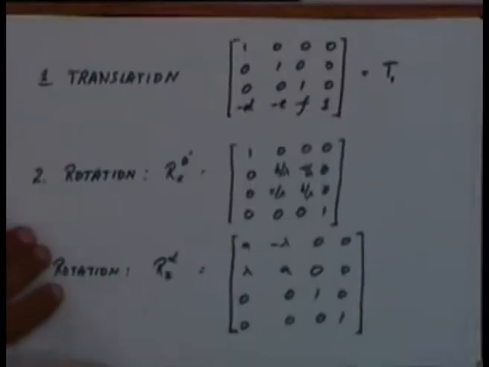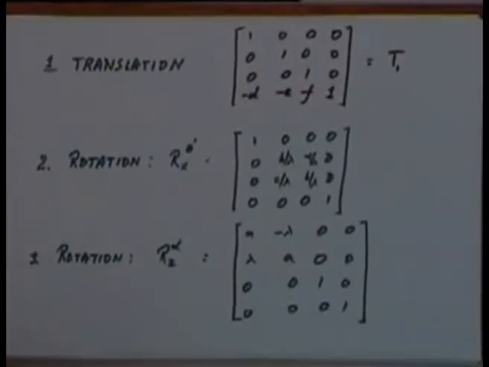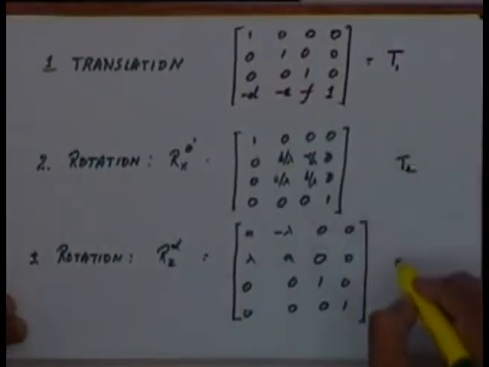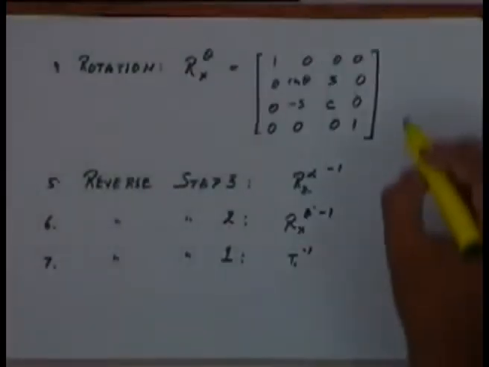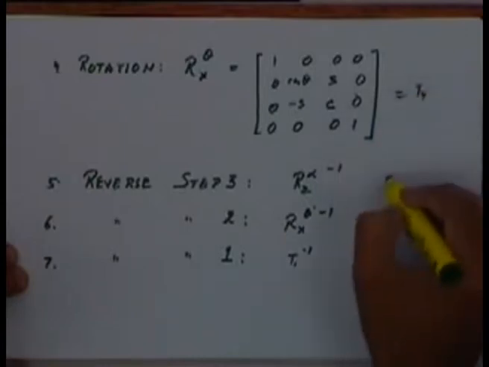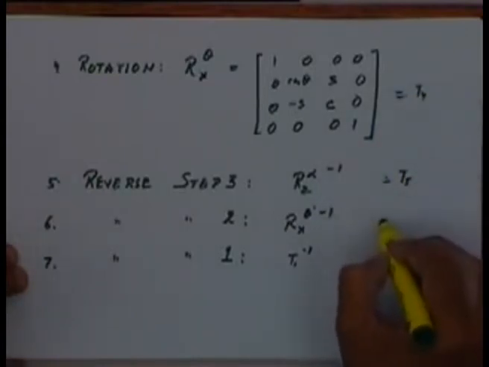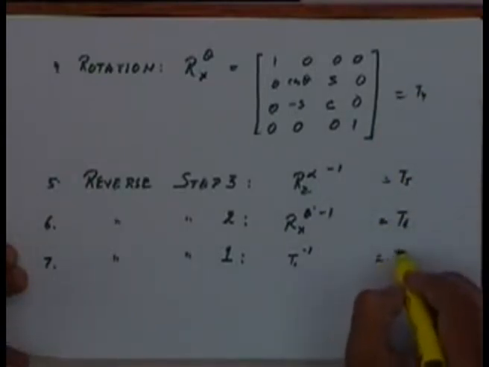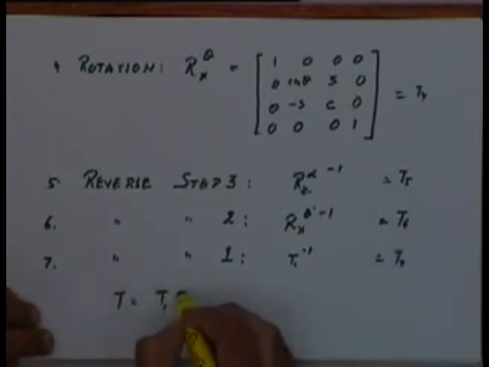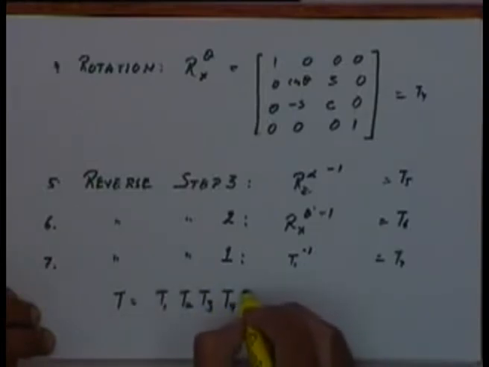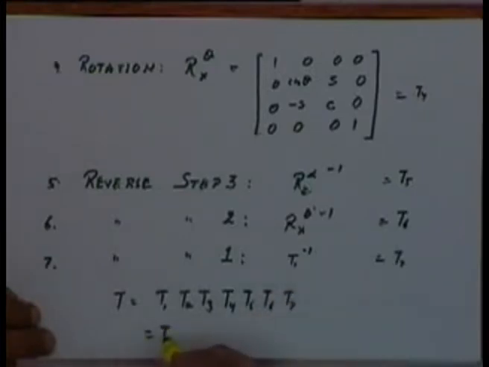So now the complete transformation will be obtained by T1, T2, T3, T4, T5, T6, T7.